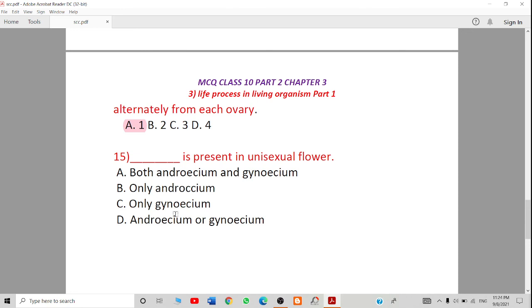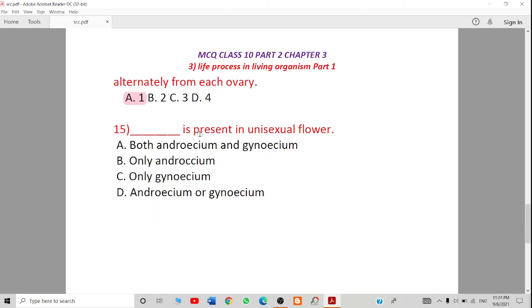Then the 15th and our last question: the gamete is present in a unisexual flower, with options both androecium and gynoecium, only androecium, only gynoecium, or androecium or gynoecium. Some students can make mistakes and write both androecium and gynoecium, or only one, but the correct answer is androecium or gynoecium.